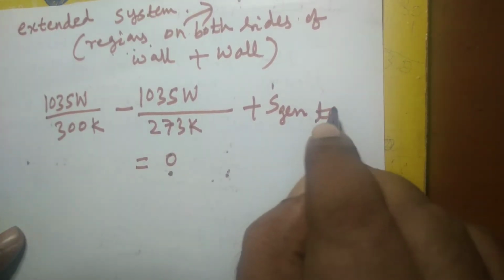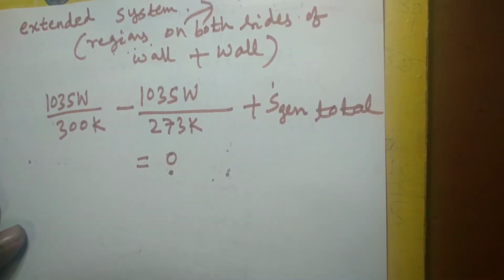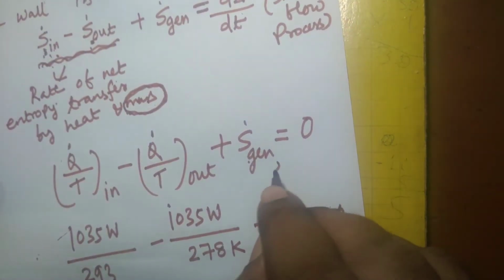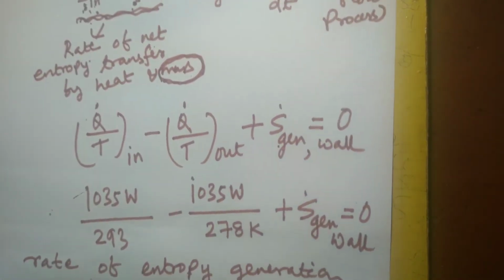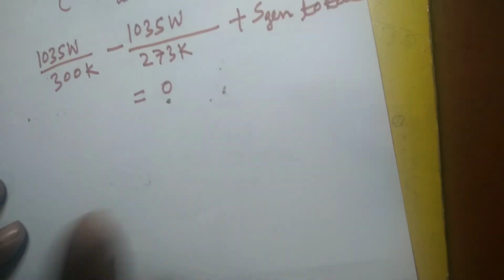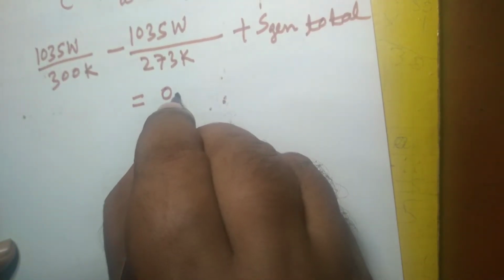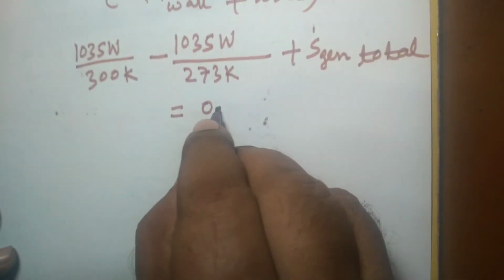That was entropy generation in the wall, but this is the rate of total entropy generation. This is equal to 0.